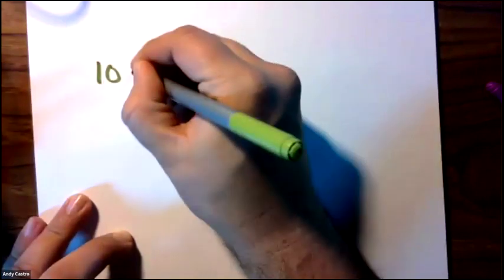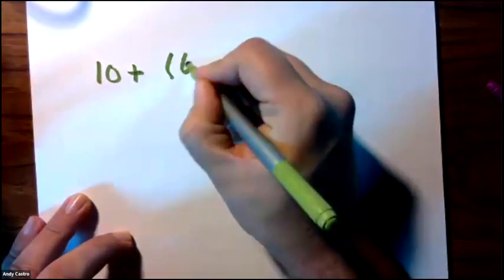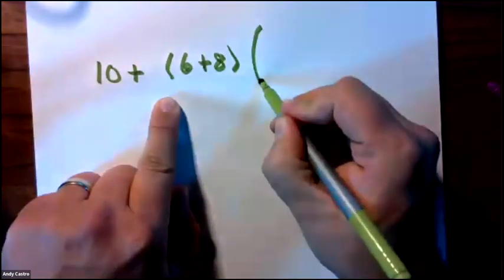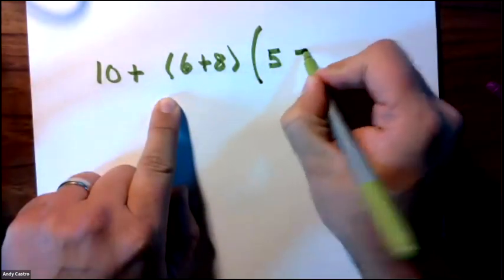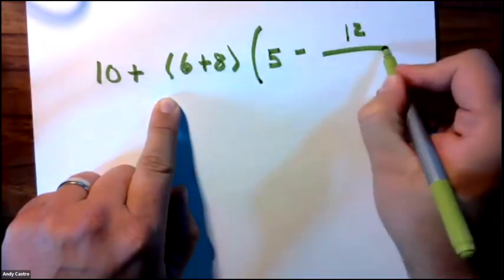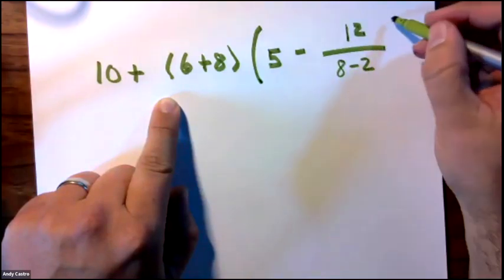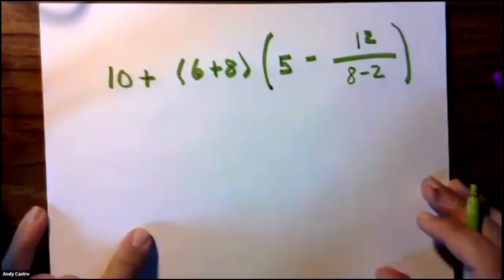Okay, what I'd like to do now, let's step up the complexity a little bit. And we'll do this. 10 plus 6 plus 8 in parentheses times 5 minus 12 over 8 minus 2 in parentheses.